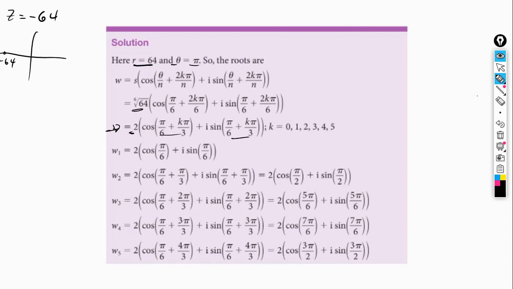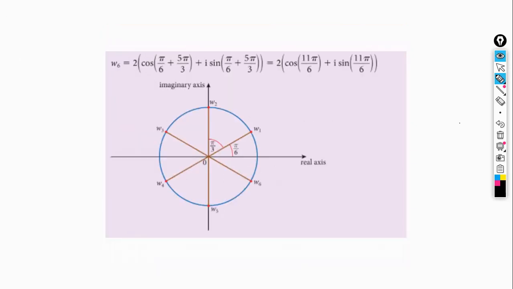And now all we have to do is plug in the values for k starting 0 through 5, which would be a total of 6 roots. So here we have all the solutions, W1, 2, 3, 4, 5, and on the next page you're going to see the solution for number 6. So here is W6, and here they are represented on the complex plane.